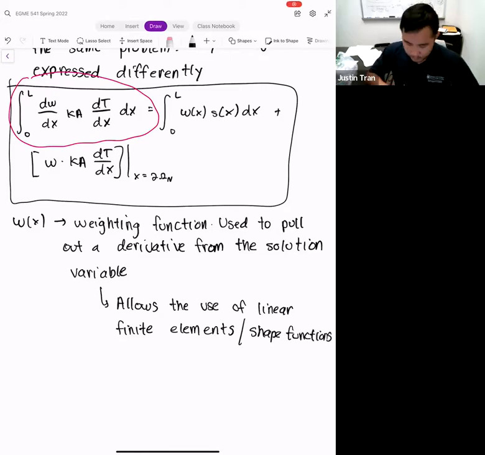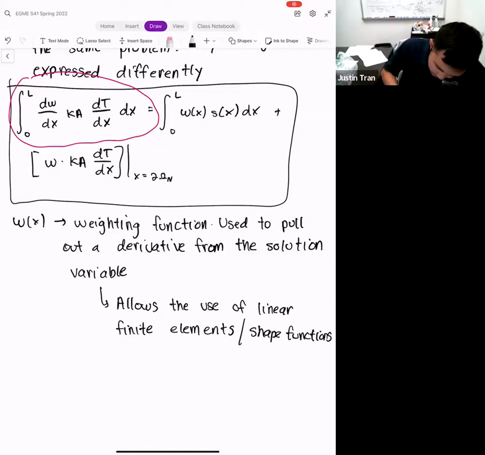Another requirement for the weighting function here is that it has to disappear at the locations of our Dirichlet boundaries, at the locations of our essential boundaries.